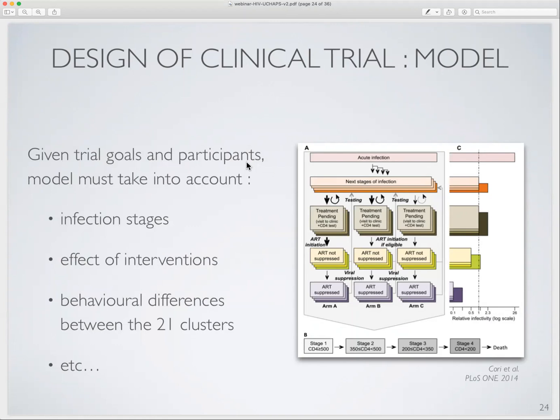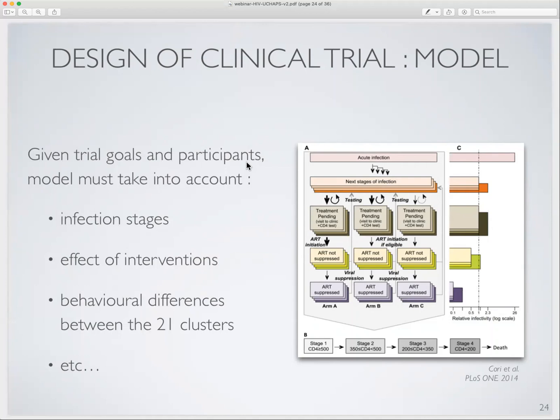But again, I want to emphasize the kind of inventory that must be made regarding the parameters of the model. Okay, so here on the right-hand side, you have a figure, one of the diagrams describing the model in the article, and it's fairly complex. And you have a lot of compartments, a lot of rates you have to estimate.